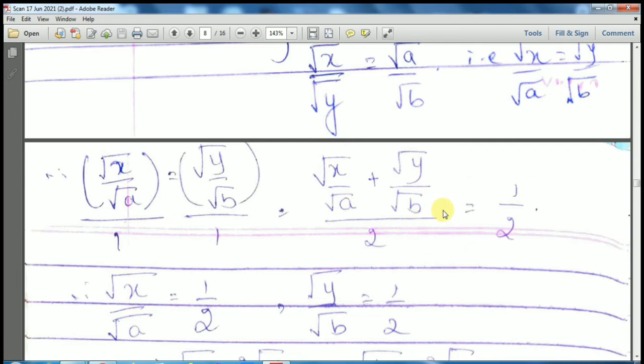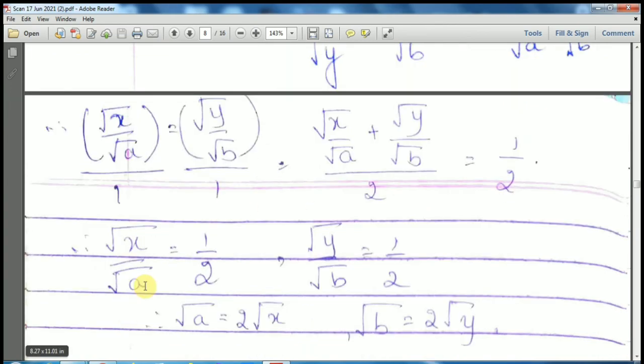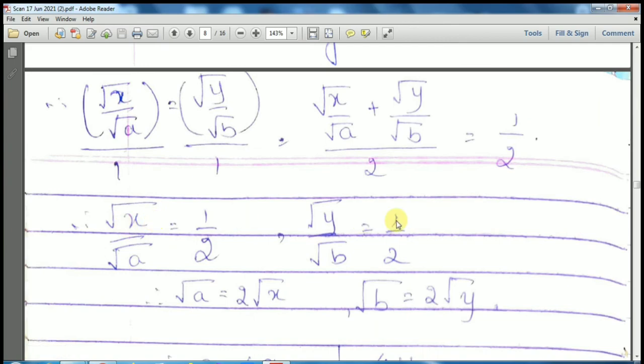Now, again separating the terms, root x by root a by 1 equal to root y by root b by 1 equal to this much, which is 1 by 2. This implies we can equate all the terms separately with 1 by 2. So root x by root a by 1 equal to 1 by 2 and root y by root b by 1 equal to 1 by 2. So we got these two.